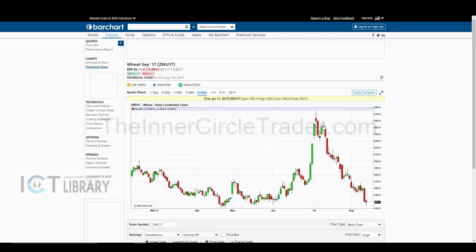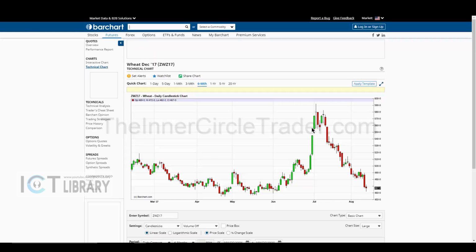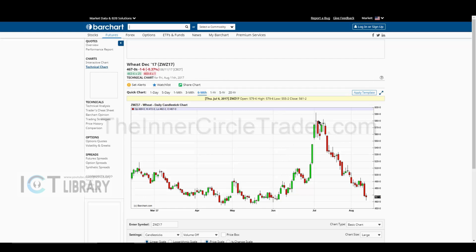Remember, this is September. The next month out is December. So December looked stronger here because it was able to breach above the 6th of July. But that might look like strength to the uninitiated. But if you go back and look at the nearby contract where the professionals are going to be trading, you can actually see they were in heavy distribution there.